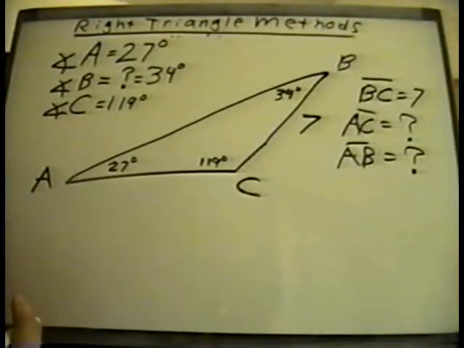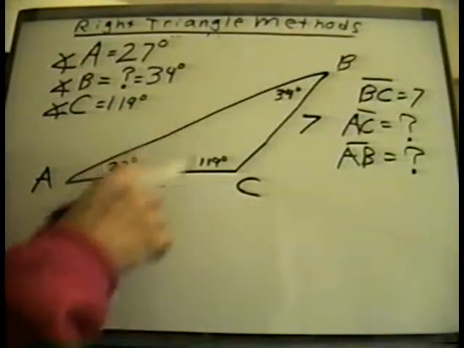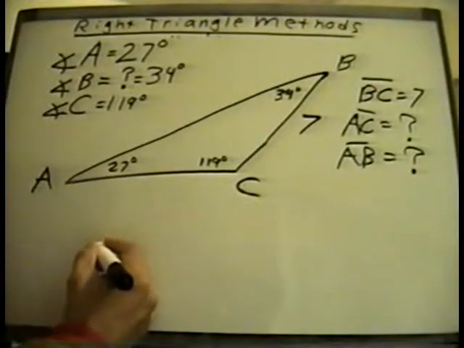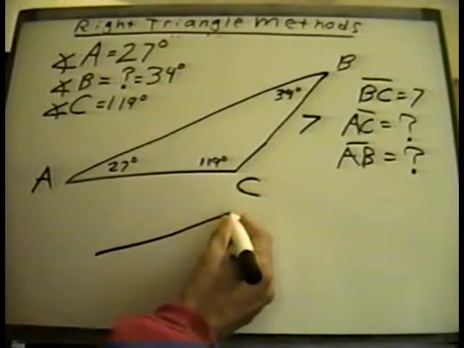Now you could use the sine ratio, the law of sines could be used, and by finding another side, you can further use the law of cosines, but you can use the law of sines all throughout this to find both of these sides. But I'm going to show you the right triangle method, show you how to use what you already know.